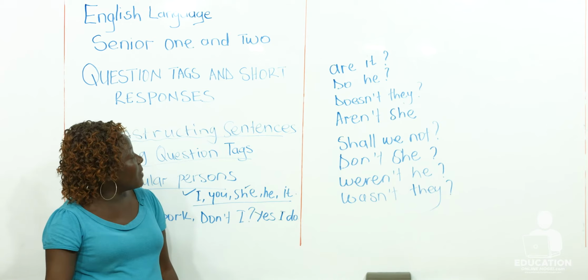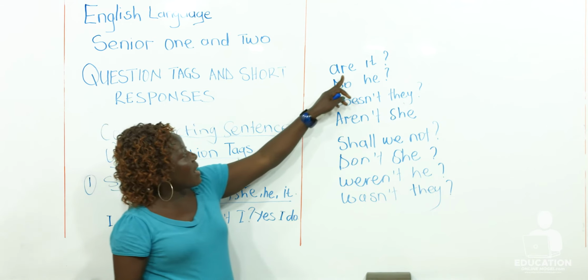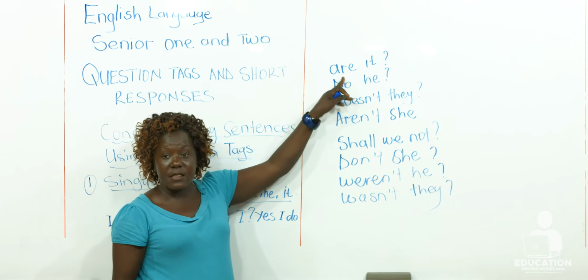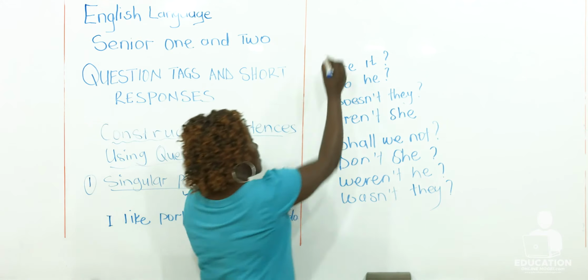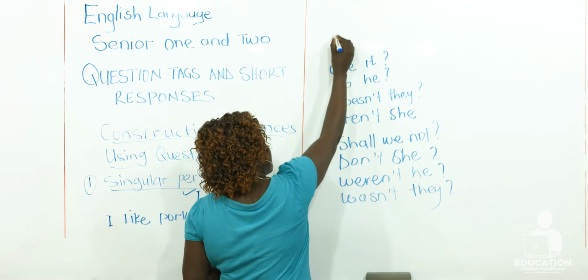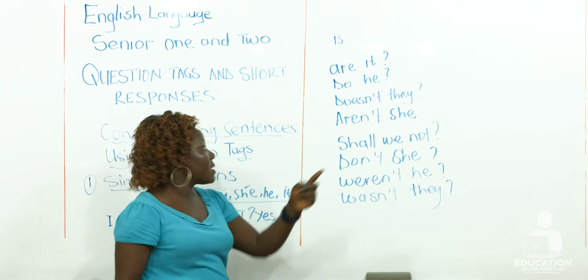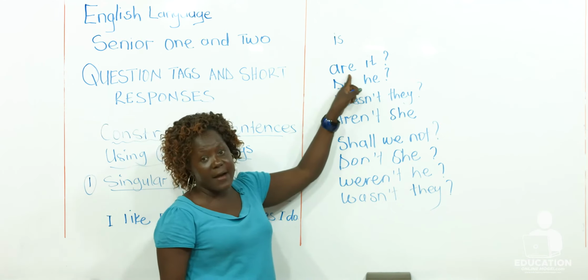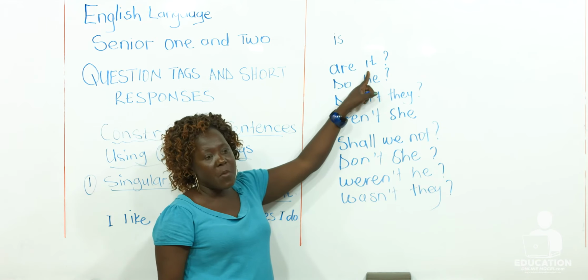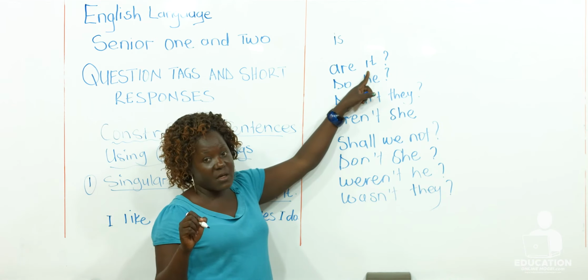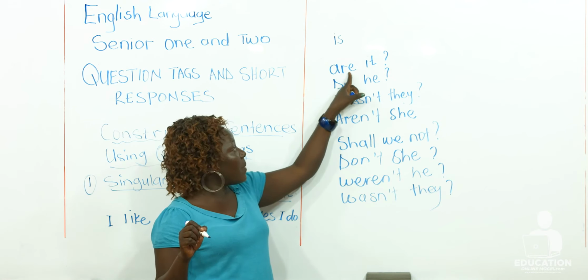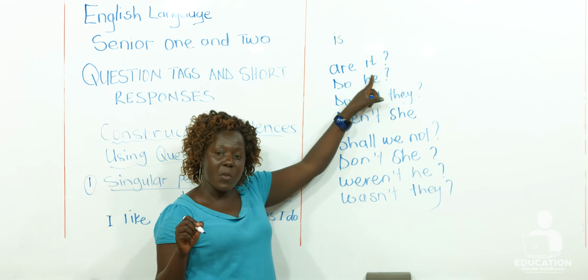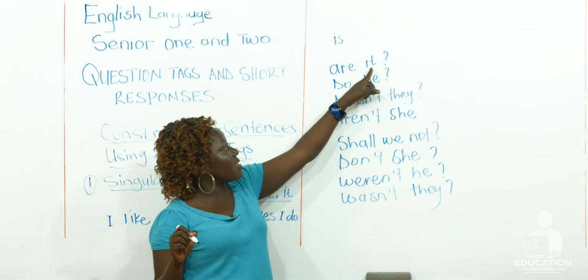You will be able to see that are is the plural form of is. Now, it, which is being used with are, is the singular form of the third person. Now, you cannot use plural form of the verb with a singular form of the person.